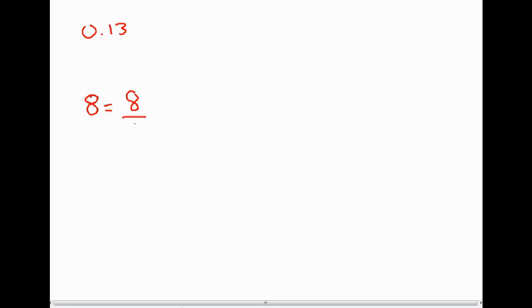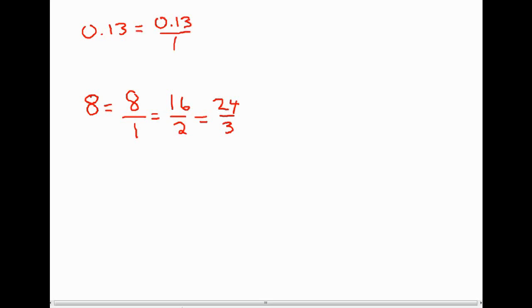Now, there are a few different ways you could write 8. You could write it as 16 over 2, or 24 over 3. As long as the division question equaled 8, any of those are correct. But usually the easiest way to write 8 as a fraction is to just put 1 in the denominator. So similarly, to start to put 0.13 as a fraction, we're going to just put it over 1.